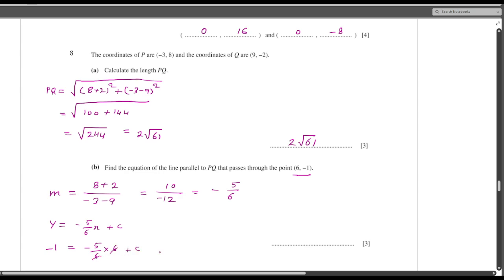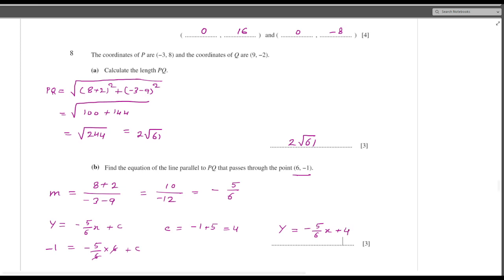Now this 6 cancels and I get the result for c as c is equal to minus 1 plus 5, which is equal to 4. Okay, so here your answer will be y equal to minus 5 divided by 6 x plus 4. Minus 5 divided by 6 x plus 4 is your equation of parallel line.